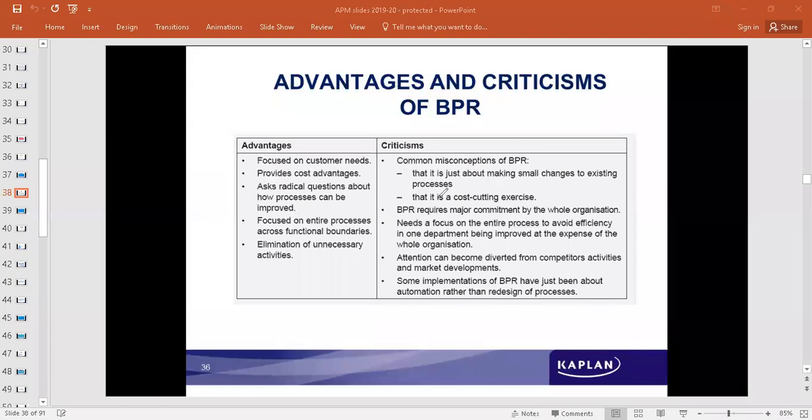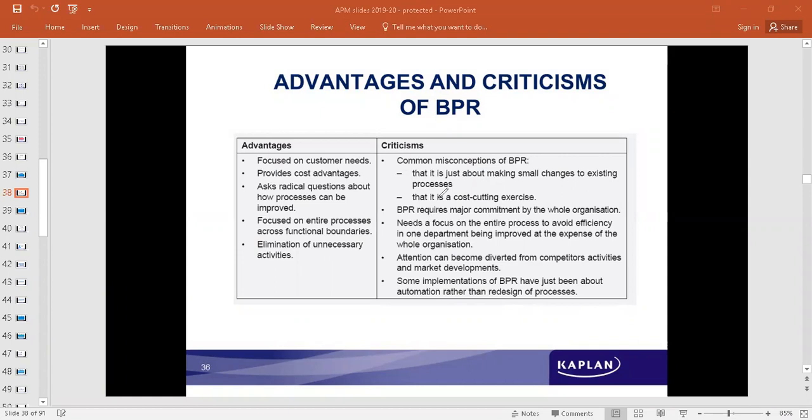Things may not be clear, they may not understand how to implement the new changes, etc. So that's quite dynamic. That's revolutionary. So it is considered for the entire organization, but general practice is that it is implemented phase by phase. Okay. Then anything which is unnecessary, such things can be eliminated.